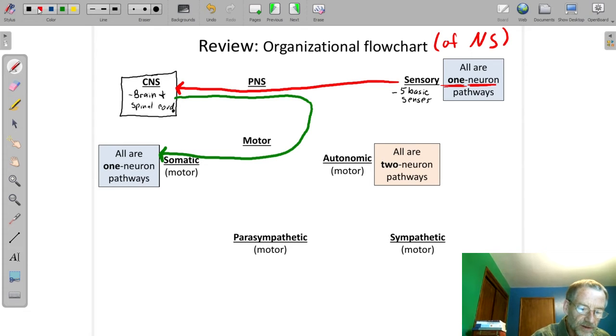So we could define these sensory neurons as afferent and the motor as efferent.